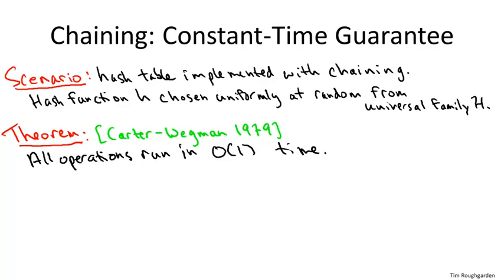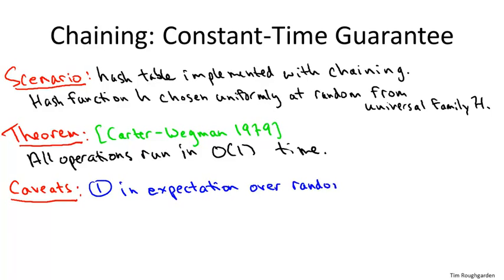As always with hashing, there is some fine print, so let me just be precise about what the caveats of this guarantee are. So first of all, necessarily this guarantee is in expectation. So it's on average over the choice of the hash function little h. But I want to reiterate that this guarantee does hold for an arbitrary data set. So this guarantee is quite reminiscent of the one we had for the randomized quicksort algorithm. In quicksort, we made no assumptions about the data.